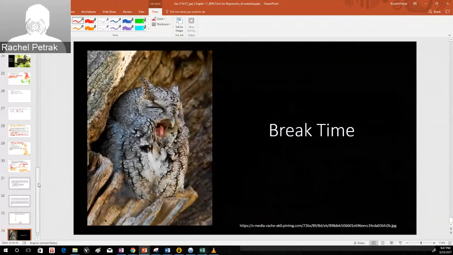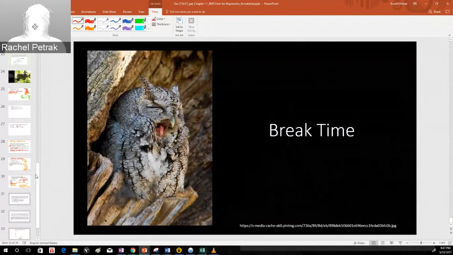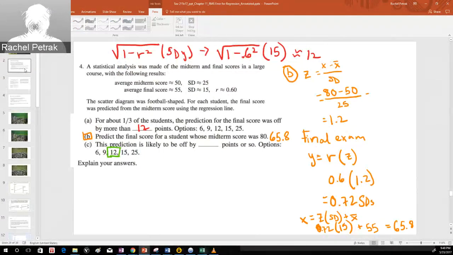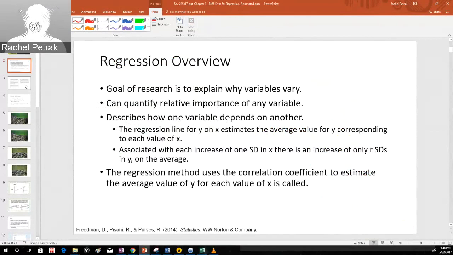Well, I know this material is kind of tricky, and I want to make sure the take-home point of all these review exercises is clear.